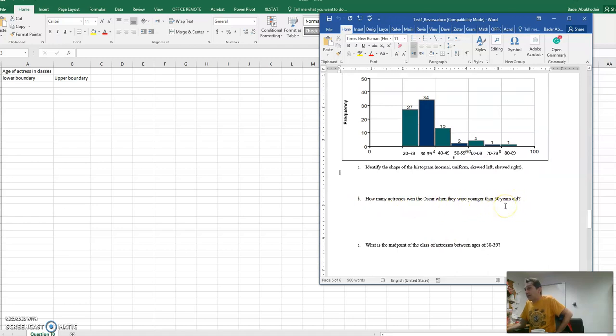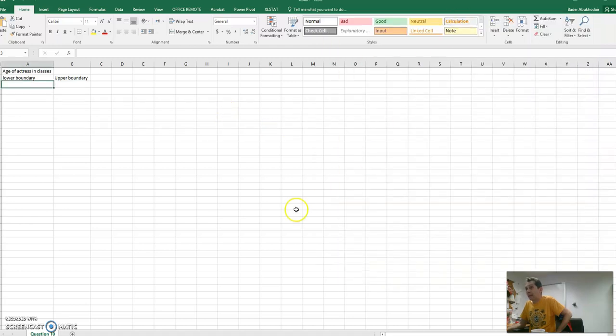When they are younger than 50 years old, so you have to add the frequency for younger than 50. So you will have 27 plus here. Let me write it for you so you can see it. So you want to find this. So it's a 27 plus.